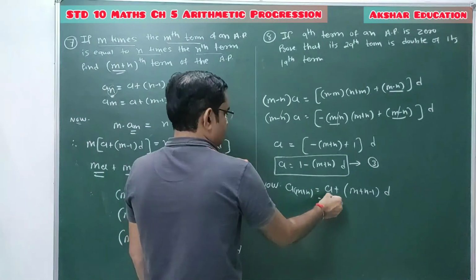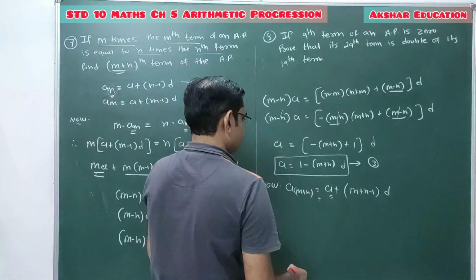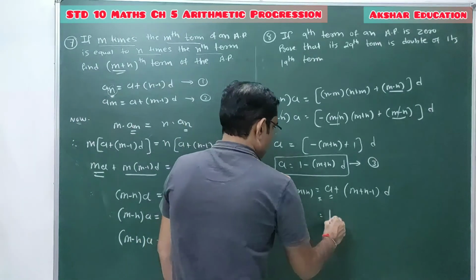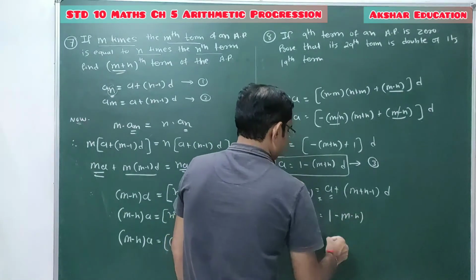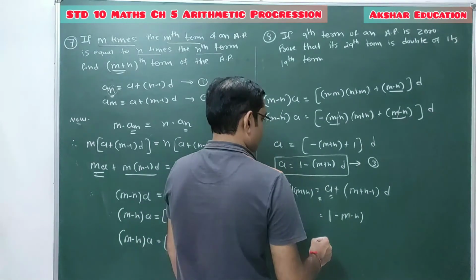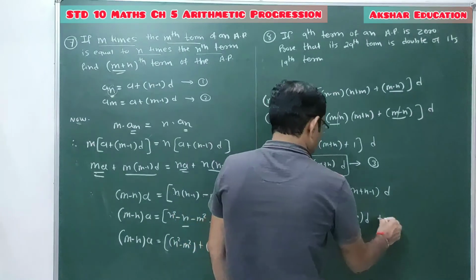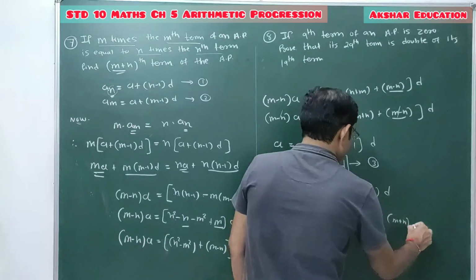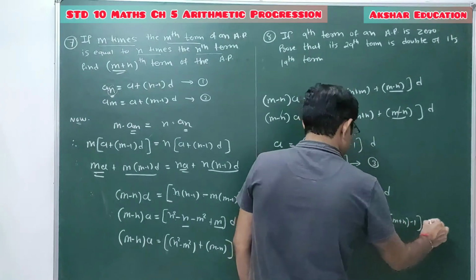Now put this a equal to given result. So this is equal to 1 minus (m plus n) into d plus (m plus n minus 1) into d.